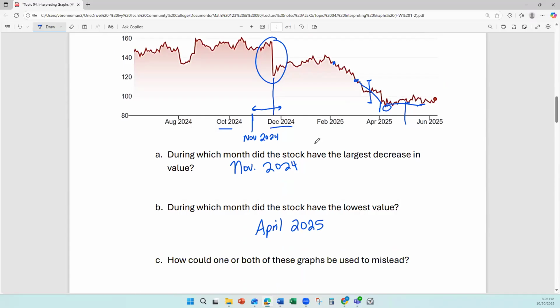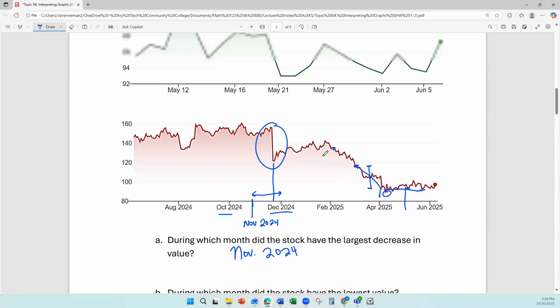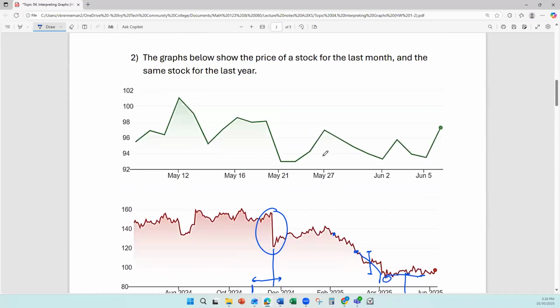As far as potentially misleading, the main thing is if someone just showed you that 1 month graph to show, look, this stock is steady, or it's even somewhat increased from the beginning of the month to the end of the month, it's green, then that doesn't show the big picture.